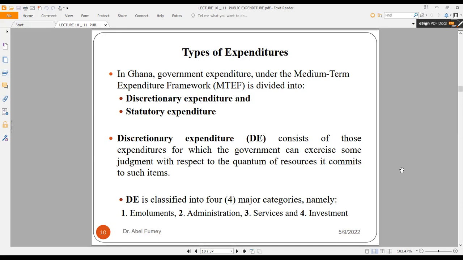Such expenditures are emoluments and administration, the cost of government administration, which is not backed by law. So the quantum of resources used is based on their own discretion. Then services and government investment are also not compulsory. It is not backed by law for the government to invest a particular amount of money, so the expenditure depends on the government in power. Those are called discretionary expenditure.